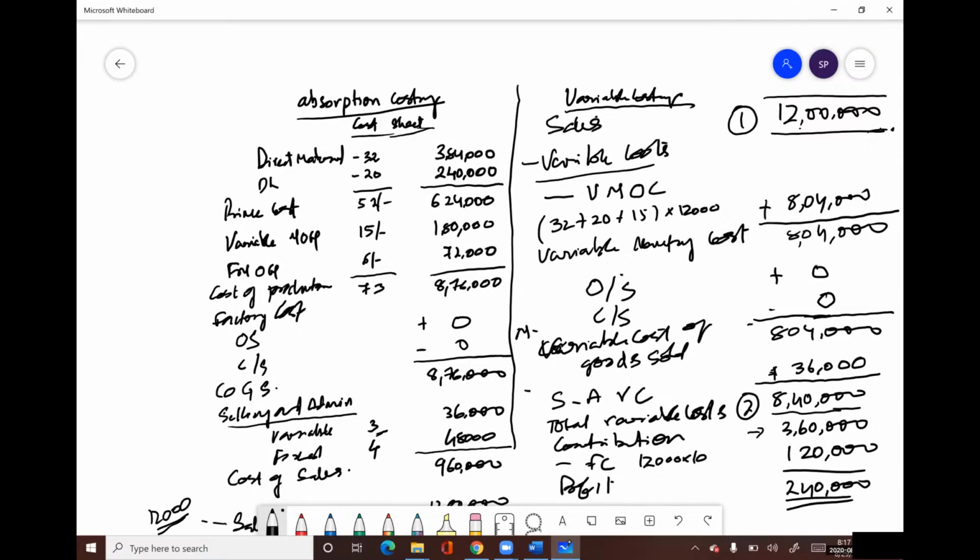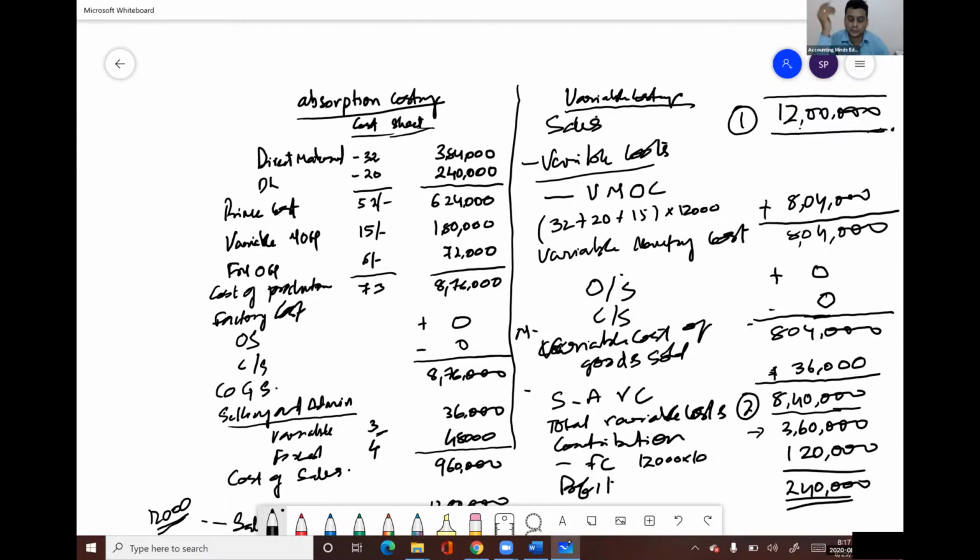That is called what? Contribution. In marginal costing, sales minus variable cost is contribution.